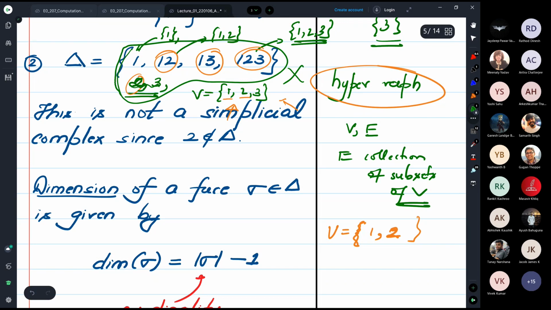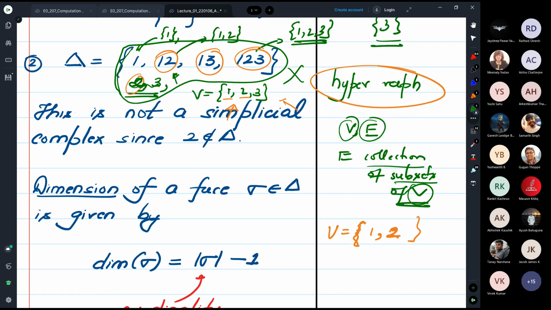Because if this 2 and 3 is not there, see, as I said, in a hypergraph, you need a vertex set V and you need an edge set, which is a collection of subsets of V. Is this okay? Right. So if there is no 1, 2, 3, what would you think of 1, 2 as? Do you agree? But why?